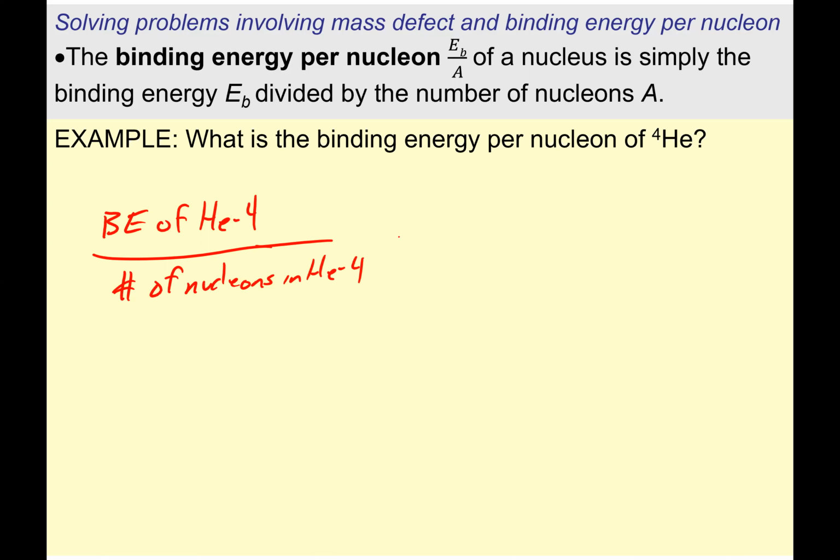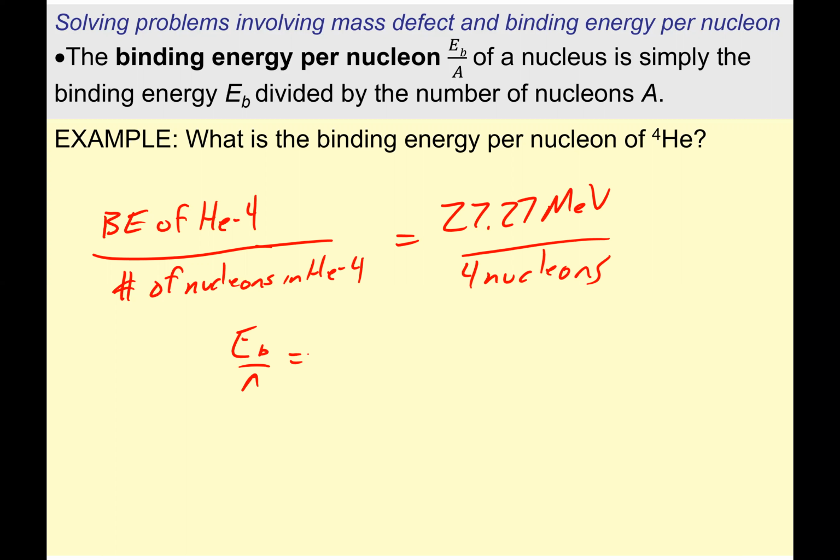Let's carry forward that result from last time: 27.27 mega electron volts divided by 4 nucleons. We get that the binding energy per nucleon is somewhere around 6.82 mega electron volts per nucleon.